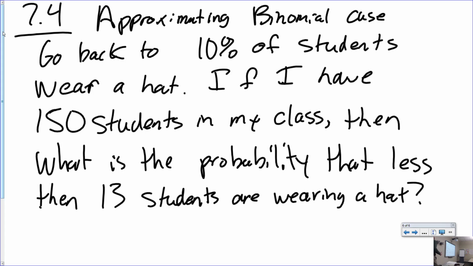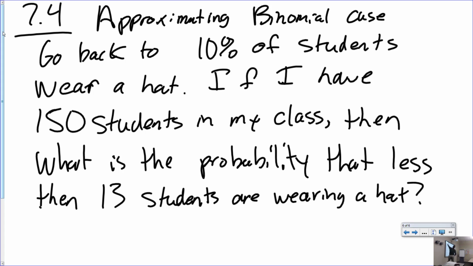Now, this doesn't look like a binomial probability yet. Binomial, folks, is back to chapter 5.2. A binomial case would be something along the lines of, let's suppose I flip a coin 50 times. What's the probability that I flip 10 heads or less? That's a standard binomial case that I could ask.